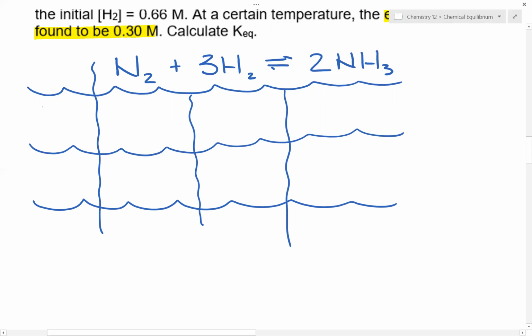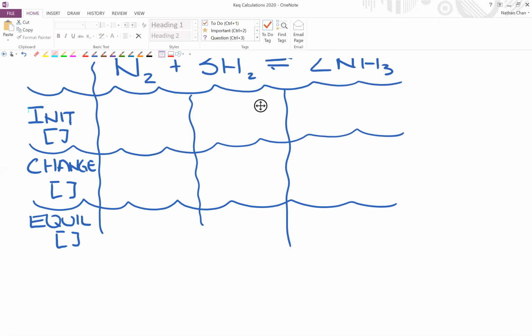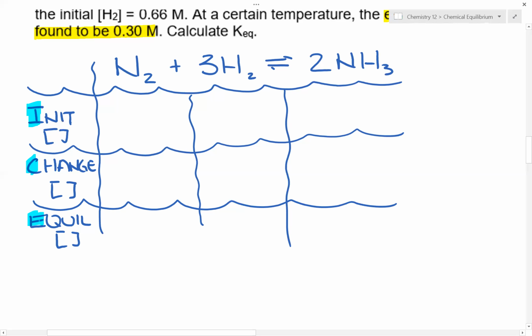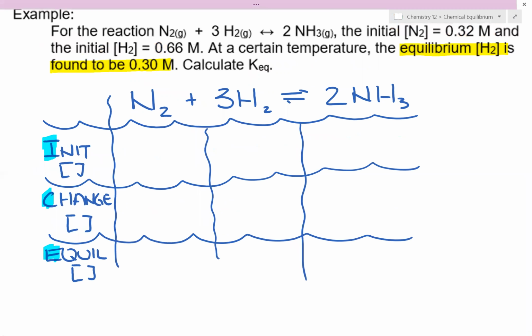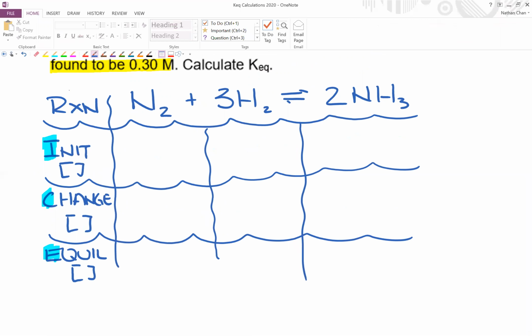We have the initial concentration, we have the change in concentration, and we have the equilibrium concentration. This is where we have ICE, I-C-E. Now, in some books, they even put it as RICE because they say this is the reaction. So this is where we have RICE tables, okay?